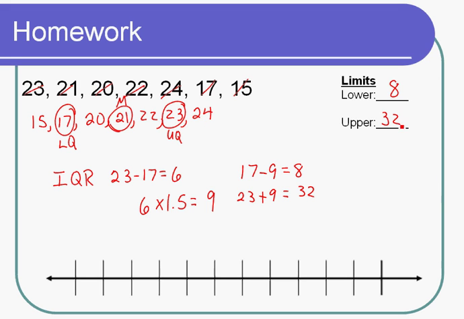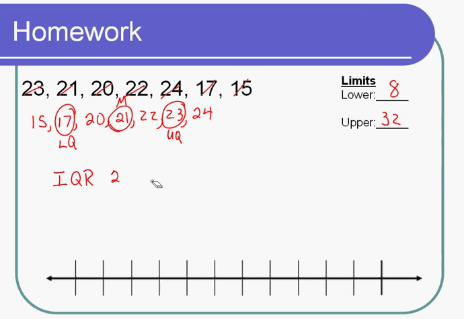Since I don't have any outliers, I'm going to go ahead and identify my lower extreme and upper extreme. And I need to go from 15 to 24. And number my number line. Okay, so for my 5-number summary, I've got 15, 17, 21, 23, and 24.